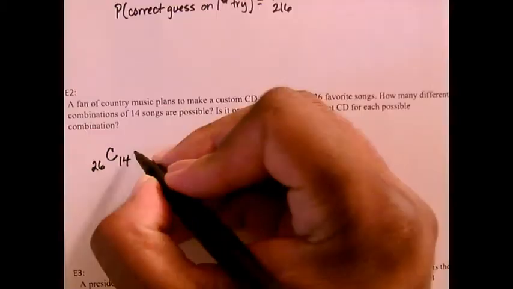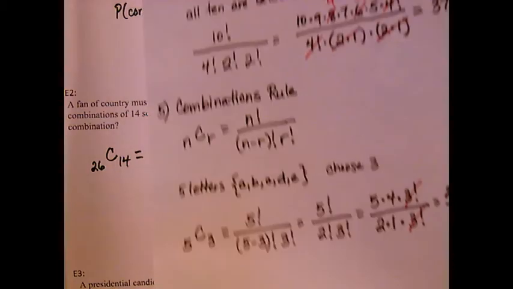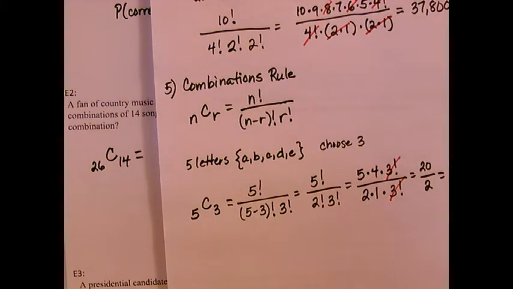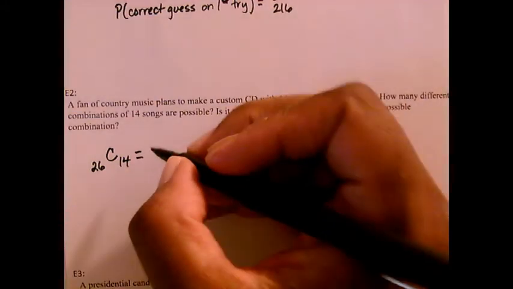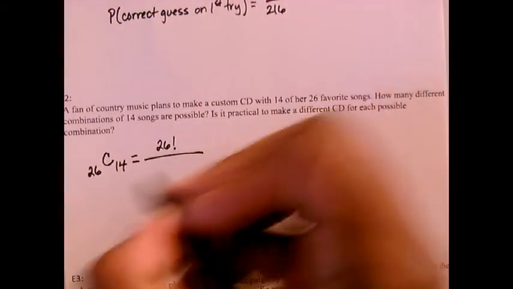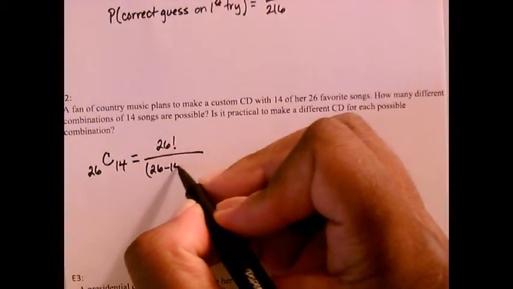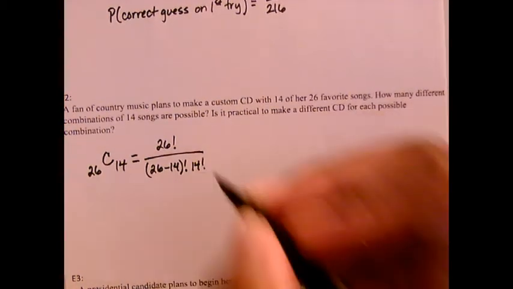So now, that's where we use this combinations rule that we talked about here. nCr is equal to n factorial divided by n minus r factorial times r factorial. So the numerator will be your 26 factorial. In the denominator, 26 minus 14 factorial times r, which is 14 factorial.